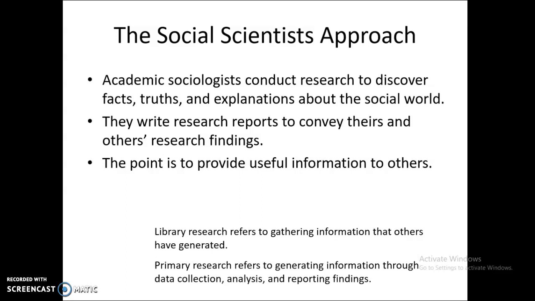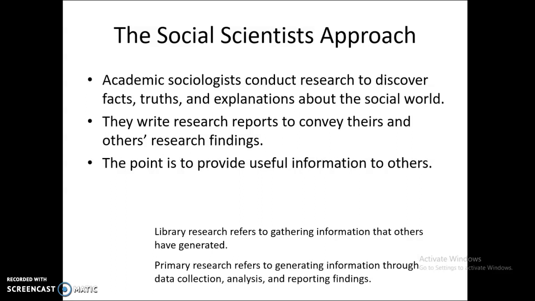I would like to discuss the social scientist approach. Social scientists are mainly concerned with discovering facts, truth, and explanations about the social world. So basically, when they write their research reports, their interest is to convey their research findings and provide useful information for others.